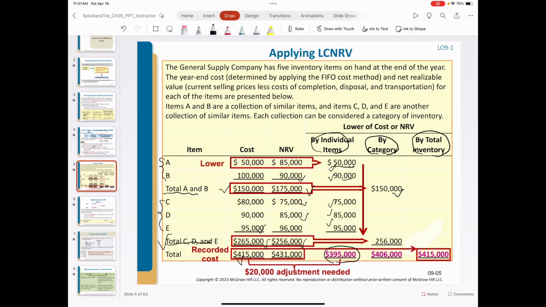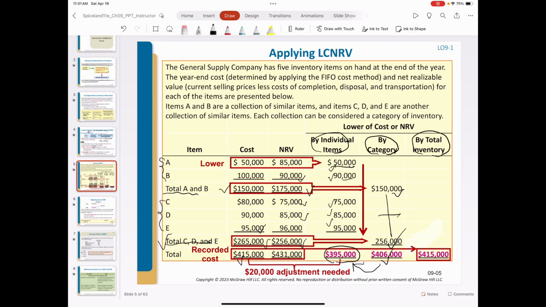Since total NRV is less than the cost, we use total NRV for this category. Finally, we compare the sum of both with the cost. Again, the cost is greater than the NRV, so we use the NRV. But this NRV is different from the individual item level.